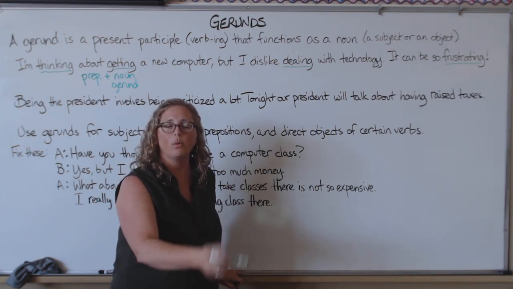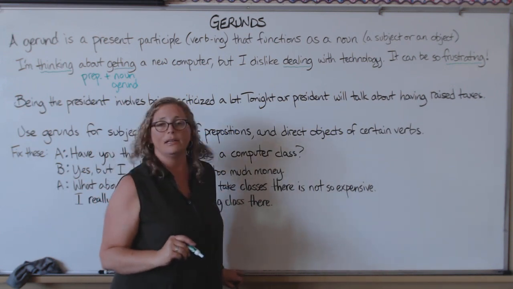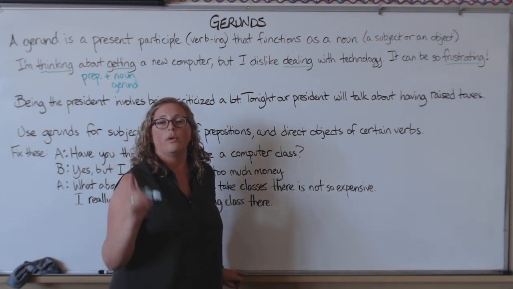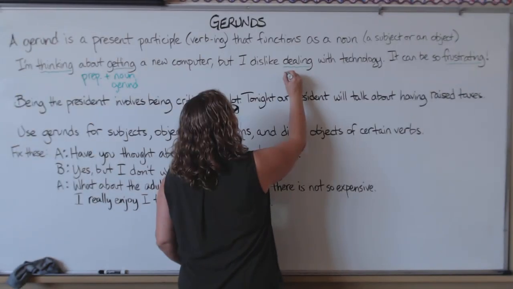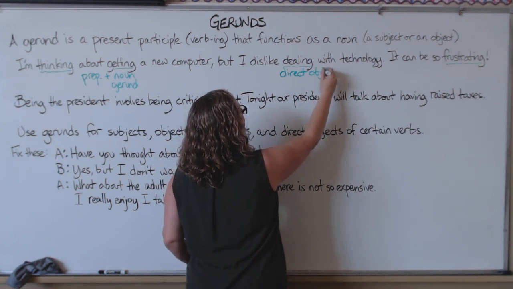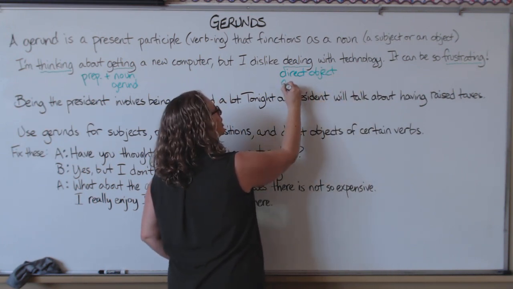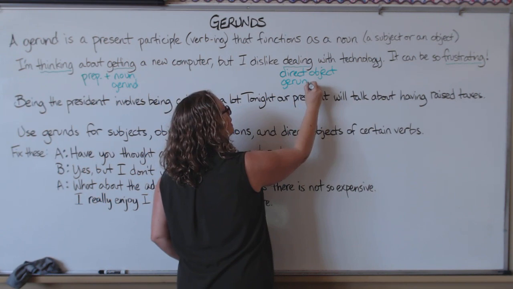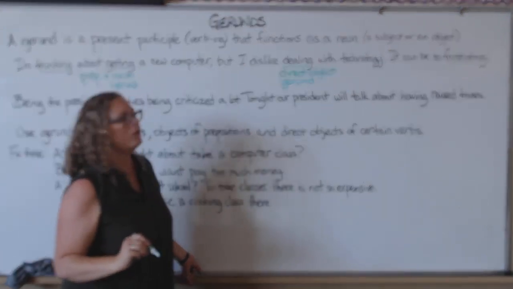I dislike what? And the answer is dealing. So this is a direct object. And if it is a direct object, that means it is a gerund.